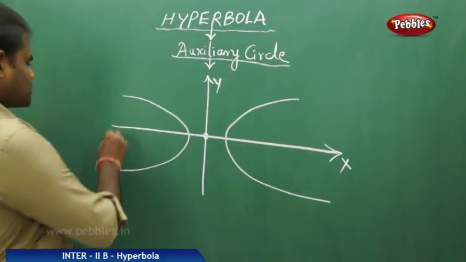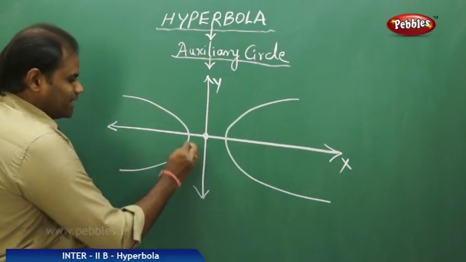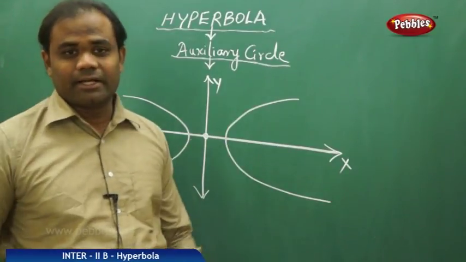Using this, we describe the auxiliary circle taking the length of the transverse axis as the diameter.